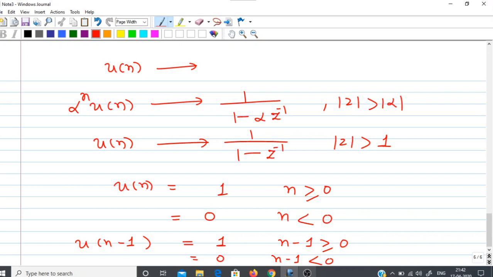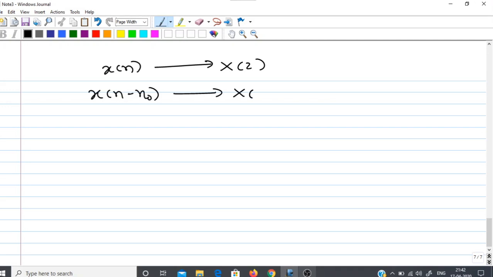So what is the Z transform of u of n minus 1 using the time shifting property? Again, recall the time shifting property. It says that if the Z transform of x(n) is X(z), then the Z transform of x(n minus n naught) is X(z) times z to the power minus n naught.